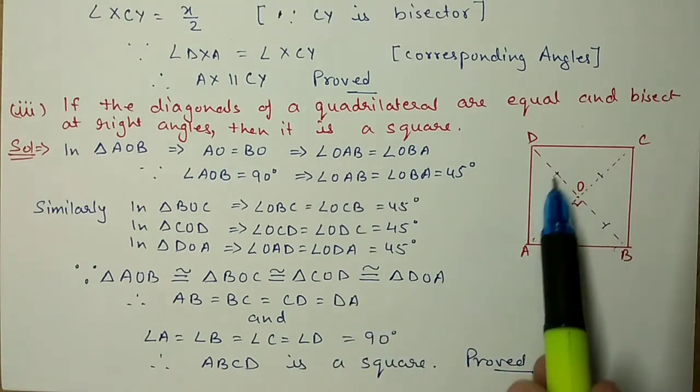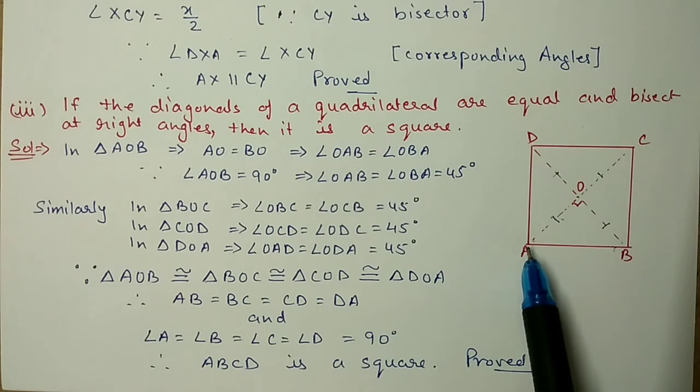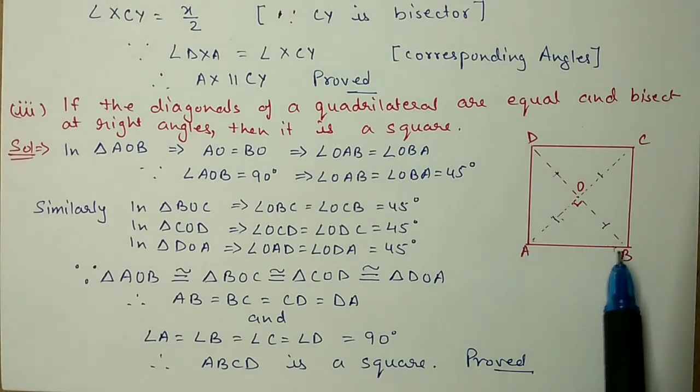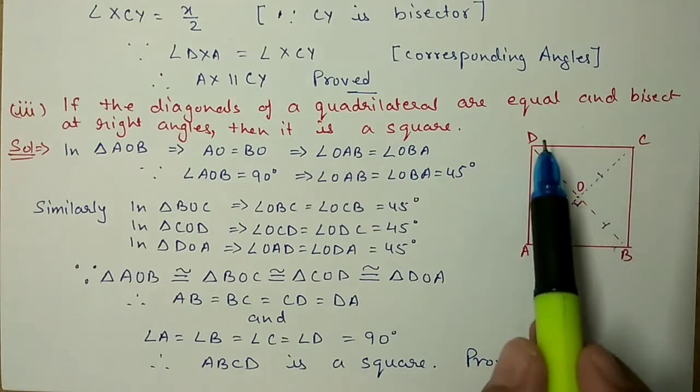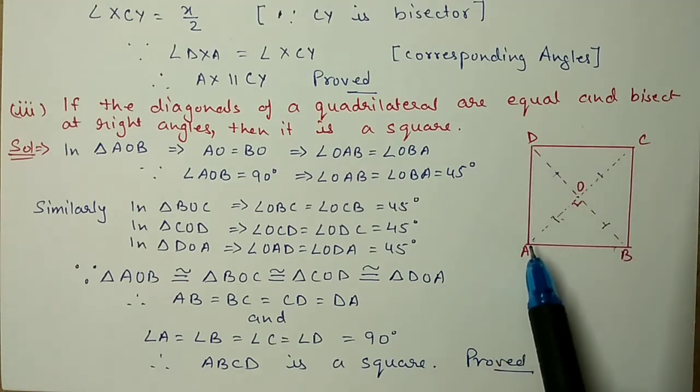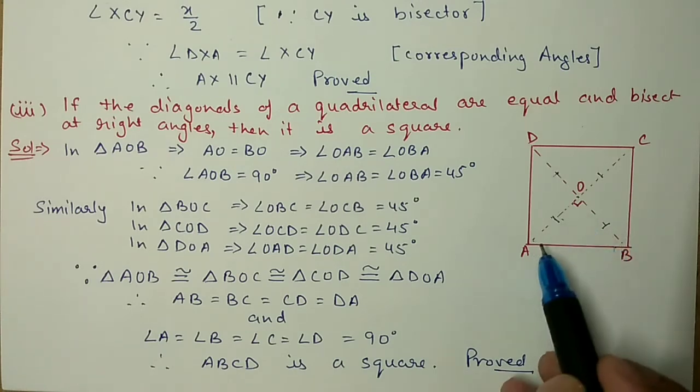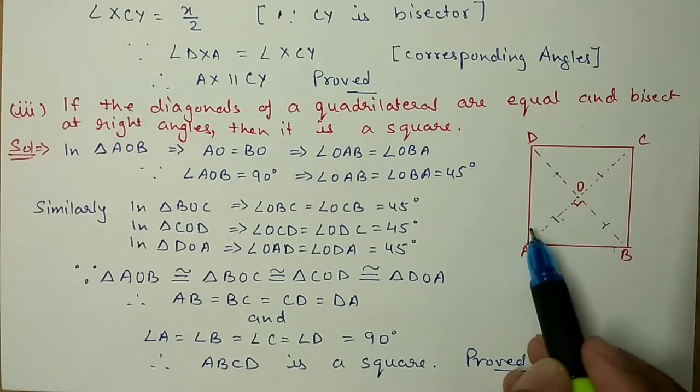If these four triangles are congruent to each other, we can say corresponding sides also will be equal. AB is equal to BC, equal to CD, and equal to DA. Next we have to show these angles are 90 degrees. This we have shown, this is 45 and this is also 45, so 45 plus 45 will be 90.